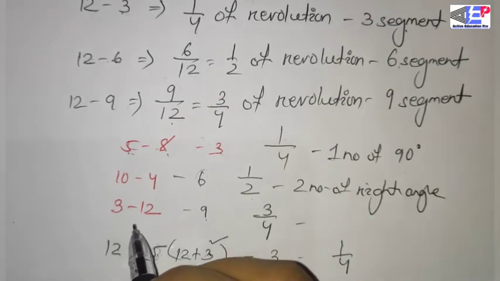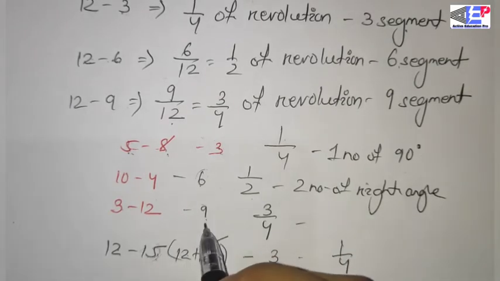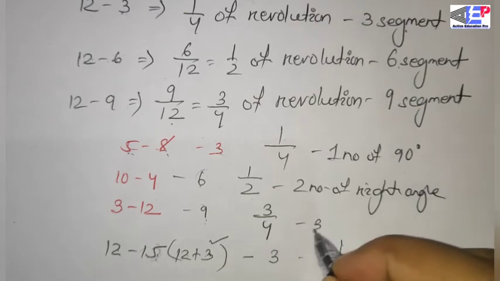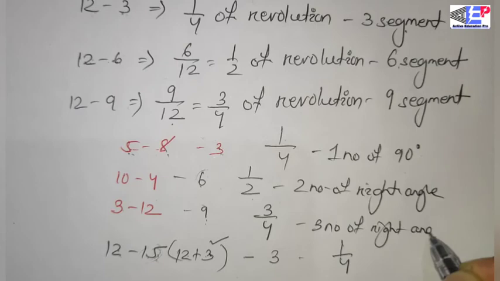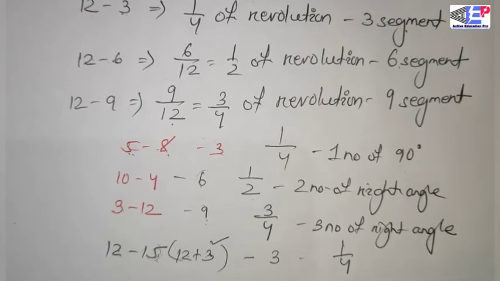Again, in the last question, 3 to 12, there are 9 equal segments, and you move 3 right angles. And if you complete a full revolution, then you move 4 right angles. So this is the problem regarding clock with angles.